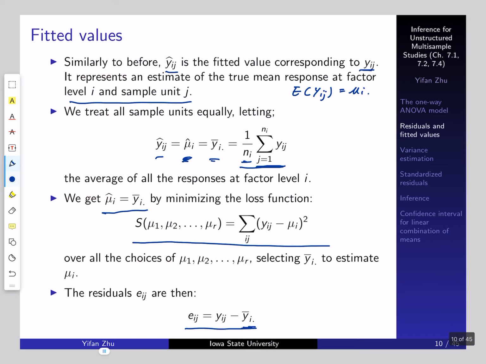One thing to mention is that this dot here actually means that we are averaging over j, because the i is fixed here. The thing getting averaged is the index j.